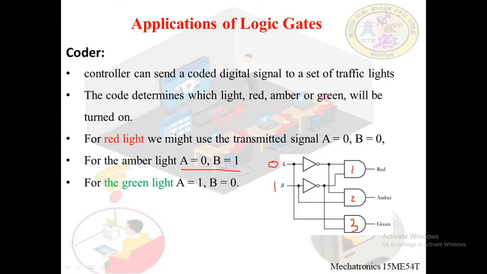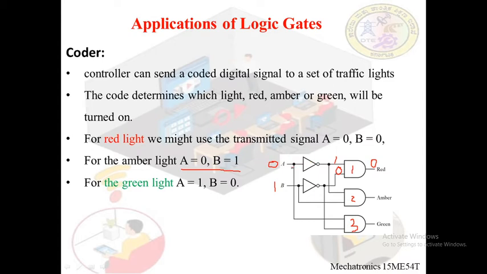When this signal A passes through the NOT gate, 0 turns to 1 here, and this 1 turns to 0 here. Carefully we must observe this NOT gate is connected to only this red light AND gate and nowhere else. Now 1 into 0, this is for multiplication. 1 into 0 is 0, red light will not glow.